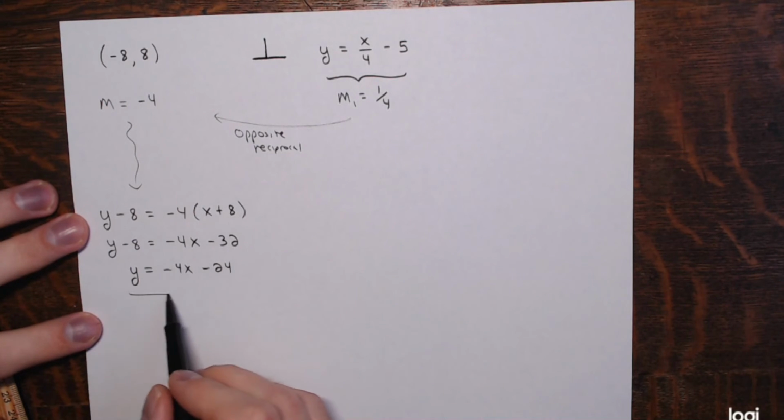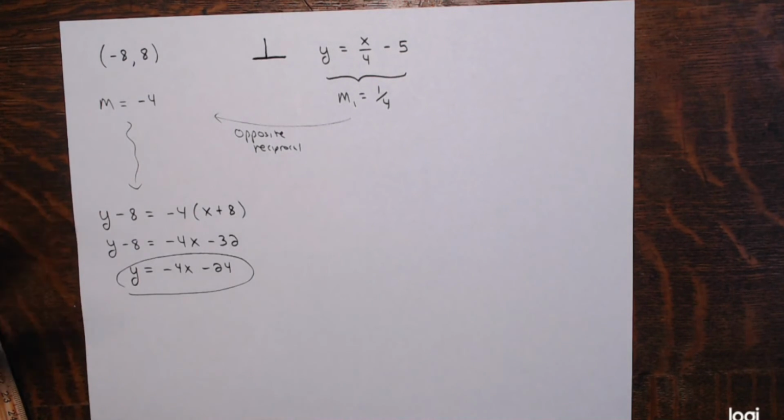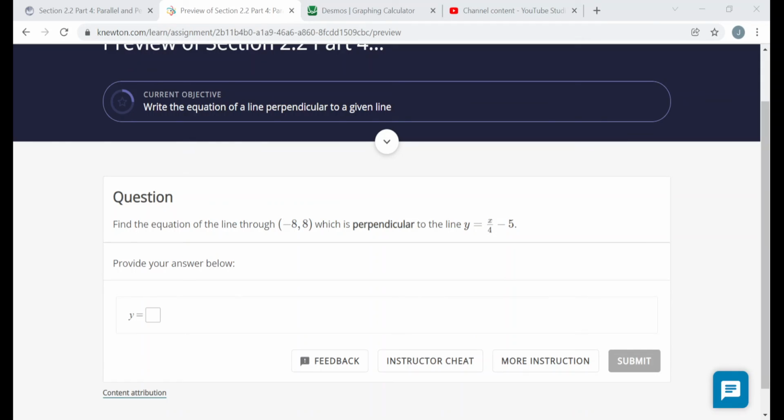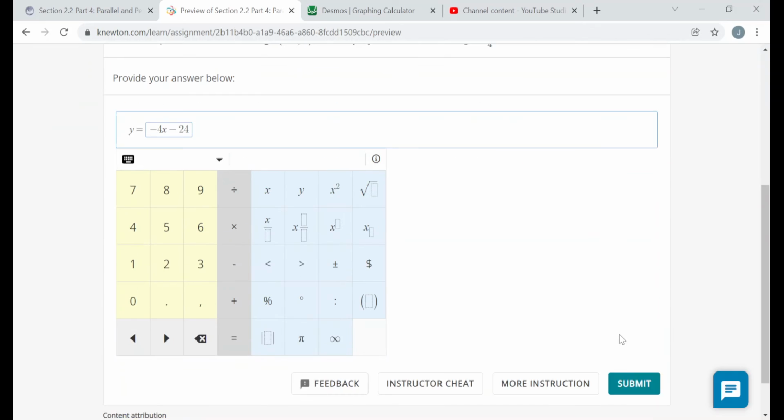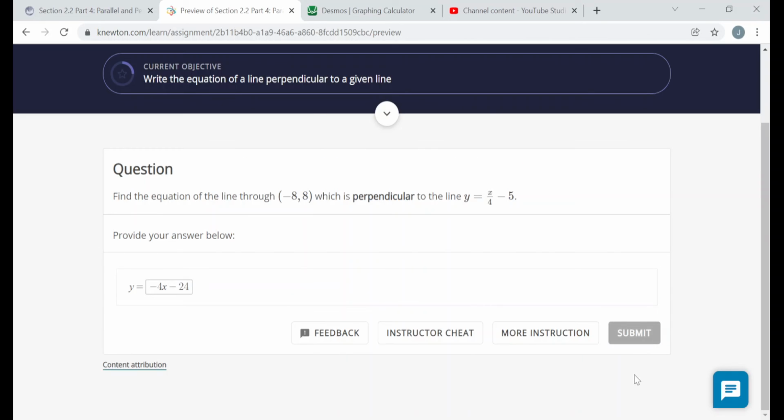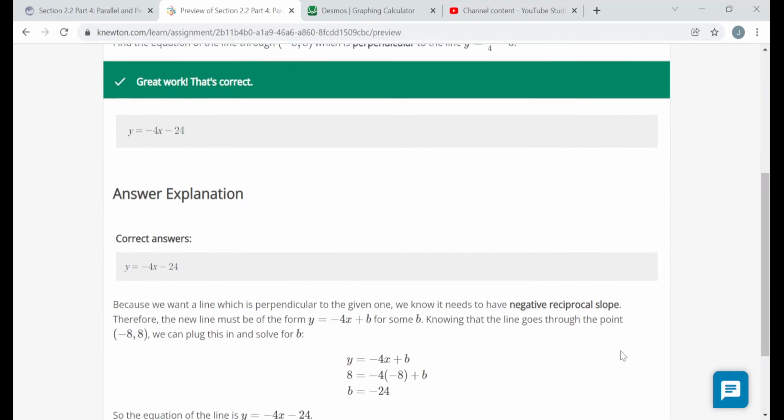And again, I'll leave the checking on these to you. So I'm just going negative 4x minus 24. Great.